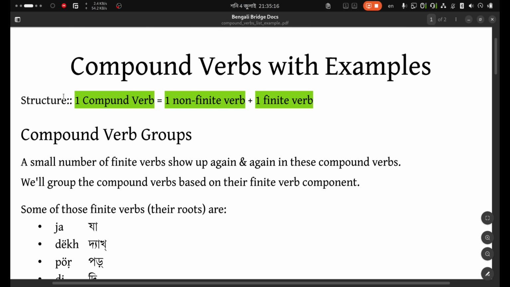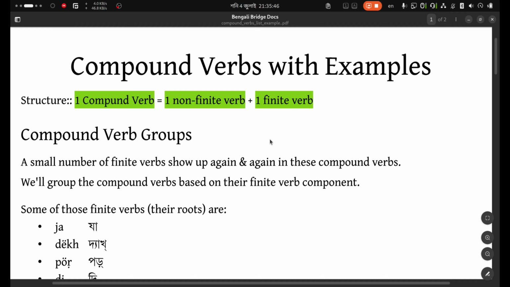I have written a general structure for compound verbs. One compound verb will be made of two verbs. The first one will be a non-finite verb. A non-finite verb is not actually a verb, or at least they don't act like a verb in a sentence.